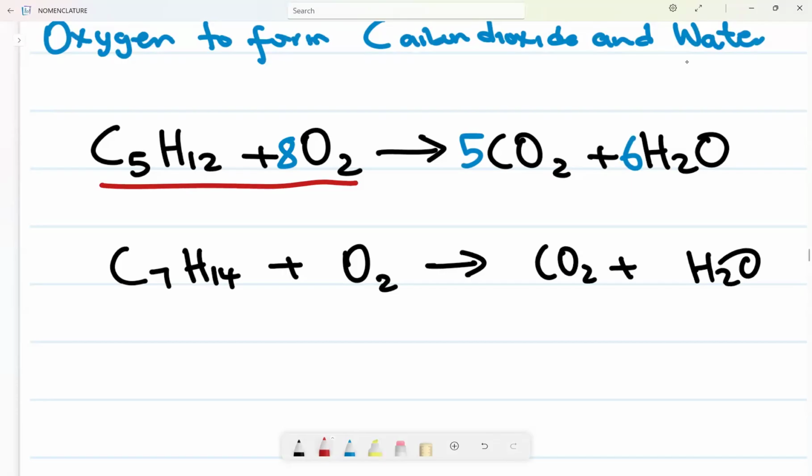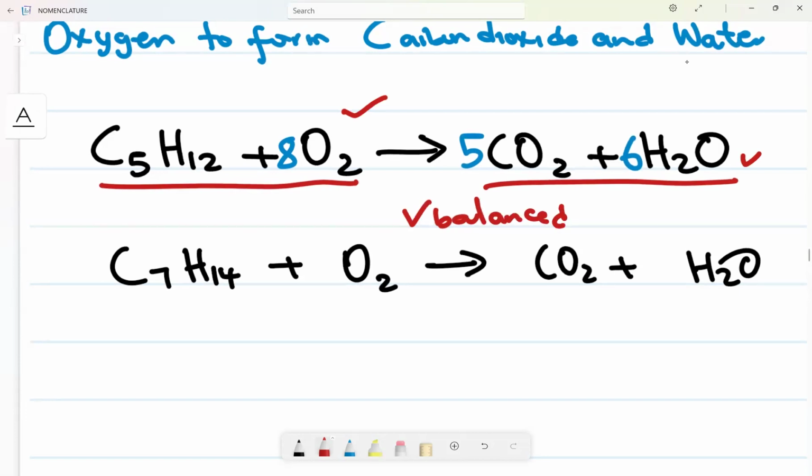You already have 1 mark for this side, 1 mark for that side, then another mark if it is balanced. How many carbons do we have? 7, so we need 7 in here. Then hydrogen, we have 14 there and 2 here, so we need 7, since 7 times 2 is 14. Then let's count the oxygen: 7 times 2 is 14, plus 7 times 1 is 7.